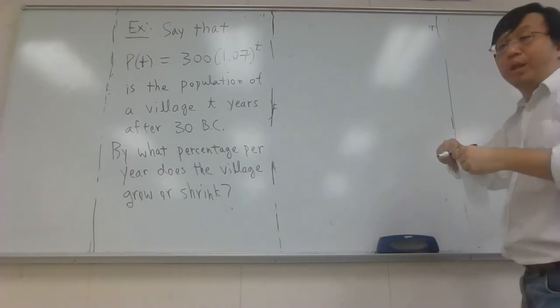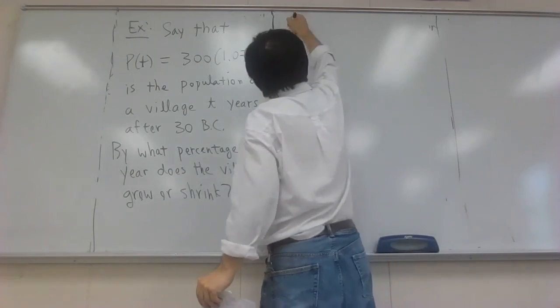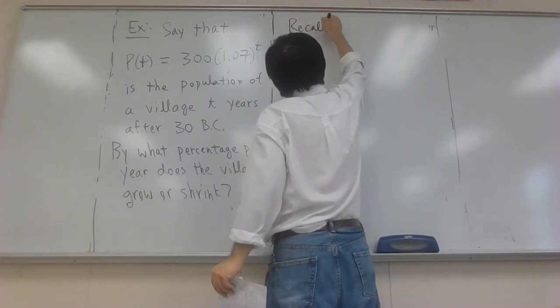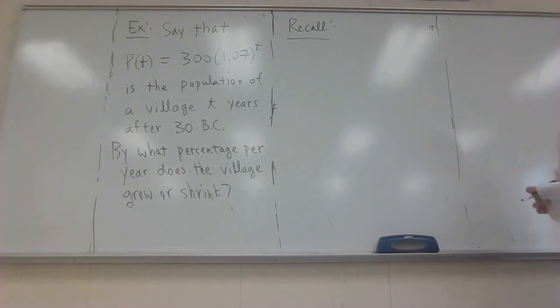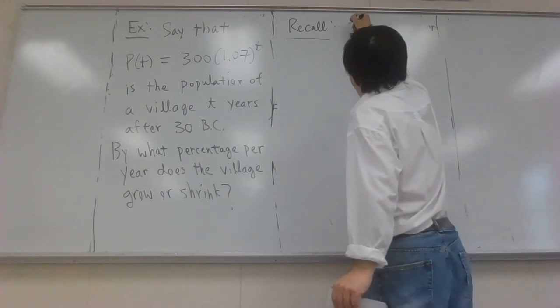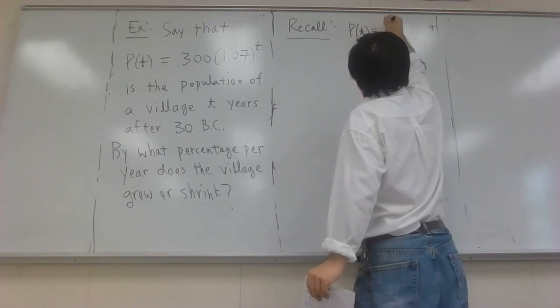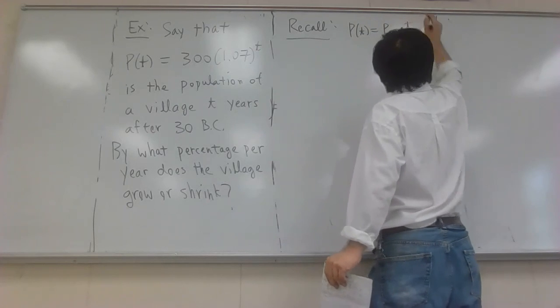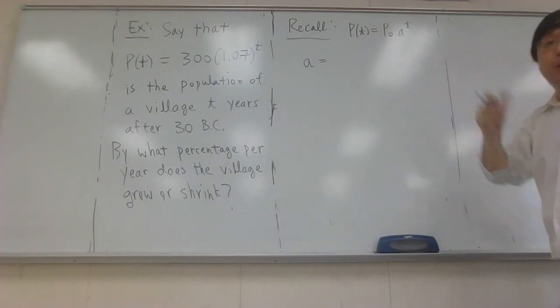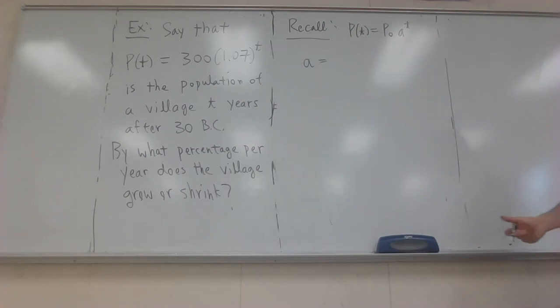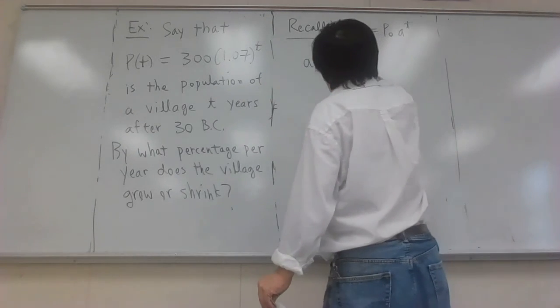So recall the proposition that I gave you, the word problem proposition that I gave you at the beginning, which says that if you have pt equals p naught times a to the t, then a has the form 1 plus r.